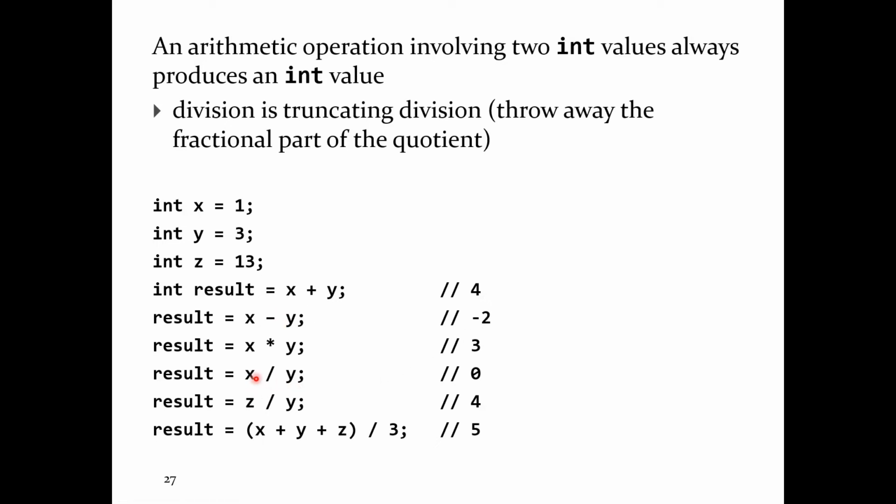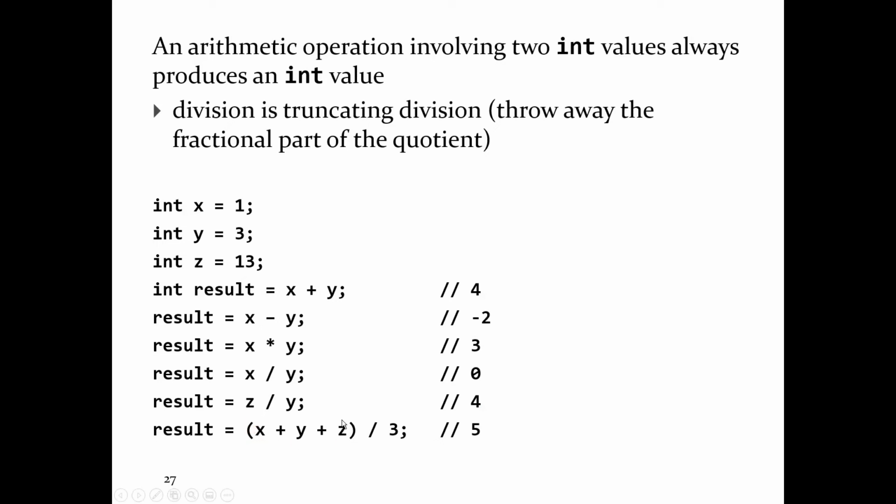Now division: 1 divided by 3 is 0.3333; throw away the 0.3333, and you get 0. 13 divided by 3 is 4 and a third, so throw away the and a third, and you get 4.